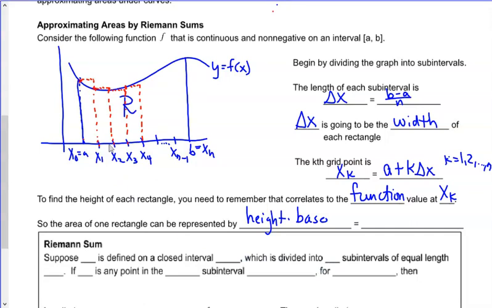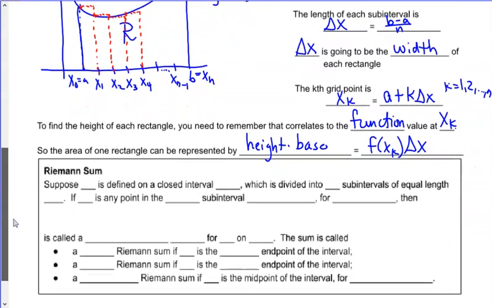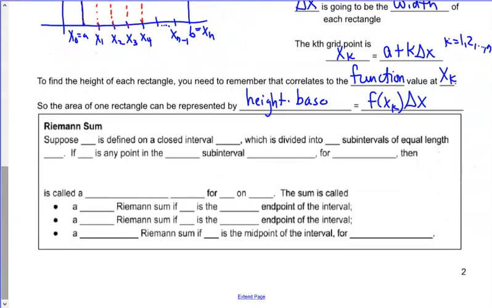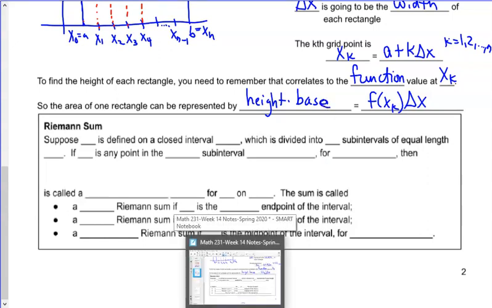The height is created by the function value at x sub k times the width of each rectangle, which is created by that delta x. Mathematically, this is a formula we could use to find the area of those rectangles. And here's our culmination, our big idea for this section. I should say base.